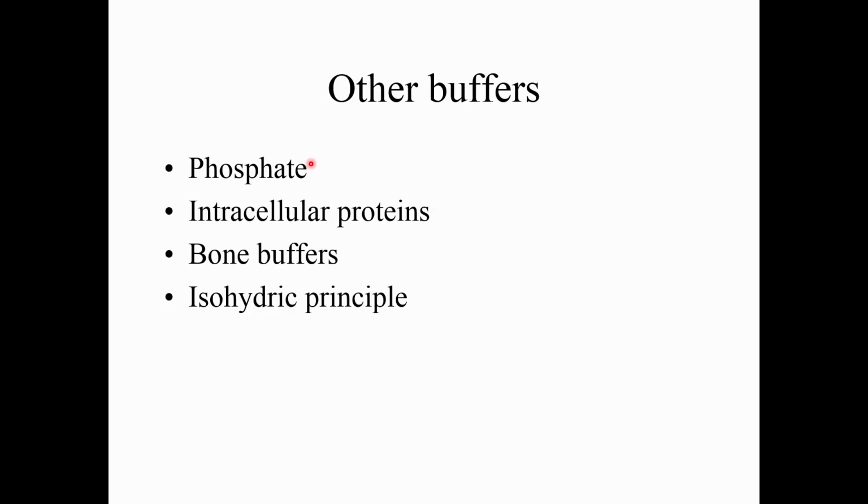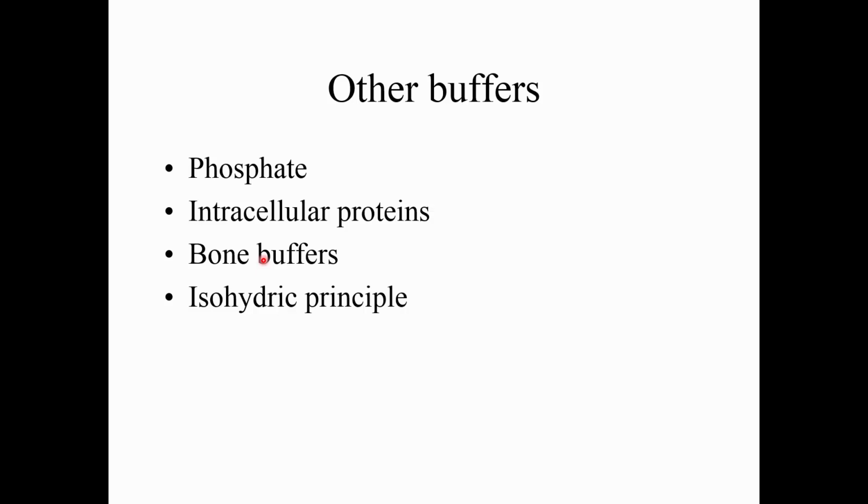So every time we have a pH change, do we have to go through all the buffers? No, we do not. And the reason we don't is because we can use something called the isohydric principle. The isohydric principle means that all your buffer systems should be in equilibrium. So whatever the phosphate buffer system is doing, that's the same thing the intracellular proteins are doing, the same thing the bone buffers are doing, the same thing the bicarbonate system is doing.